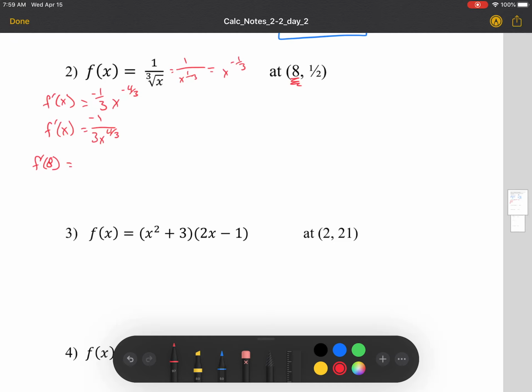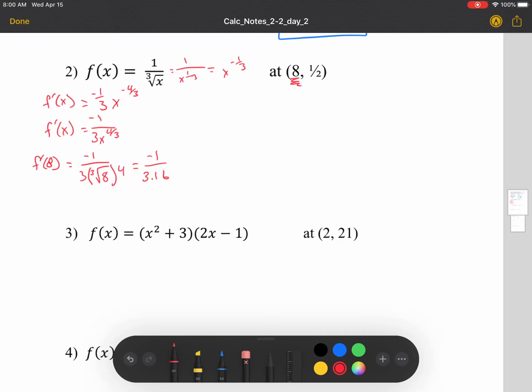We're going to plug that in. So f prime of 8 equals negative 1 over 3 times the cube root of 8 to the 4th.